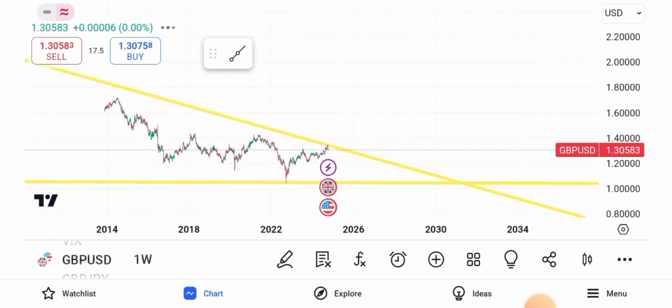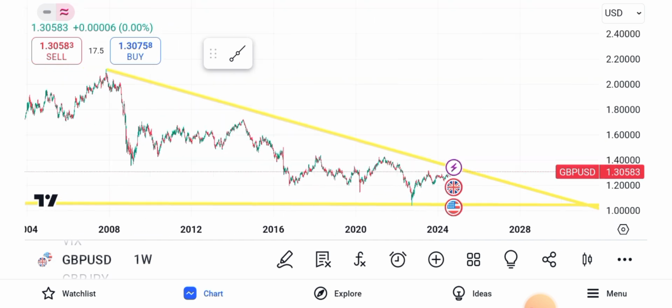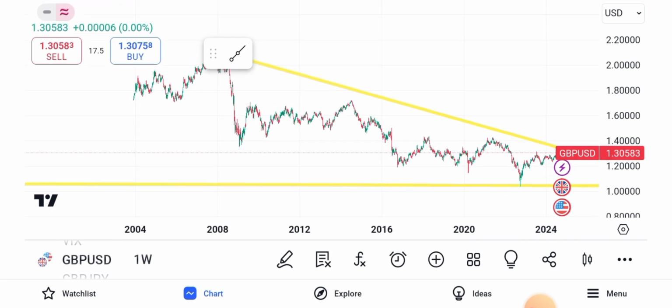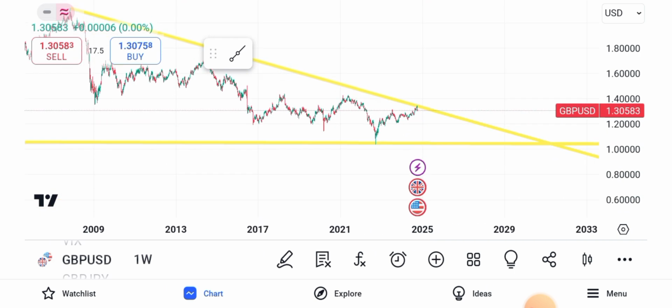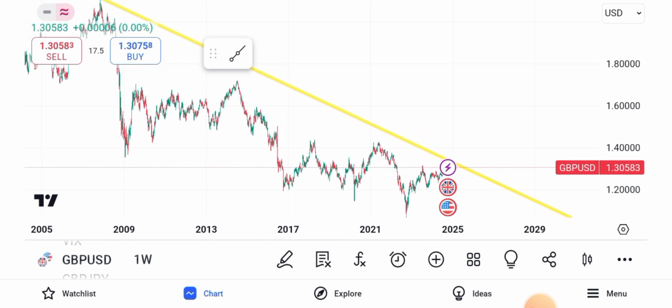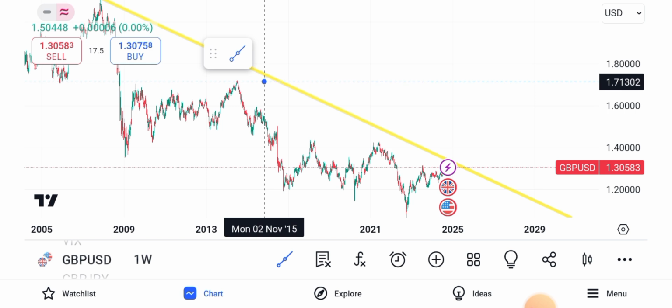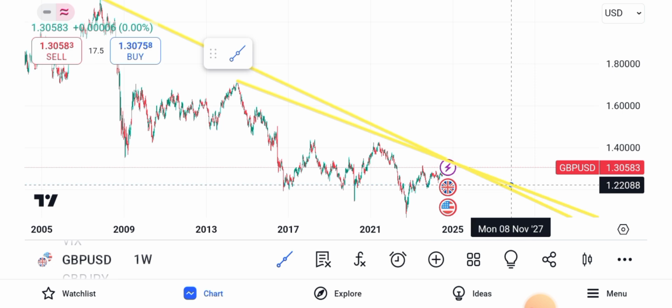For my weekly chart, I am going to be using the color blue. So as you can see, it's pretty marked down, but we can take a trend line from this point here up until that point.